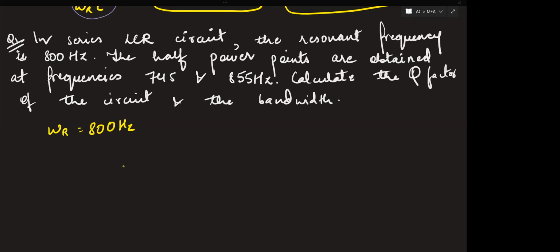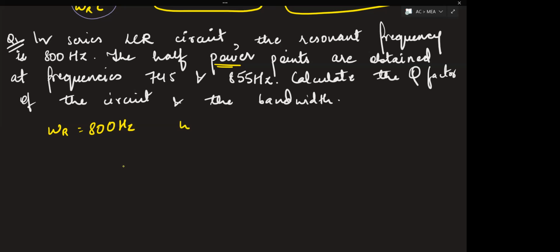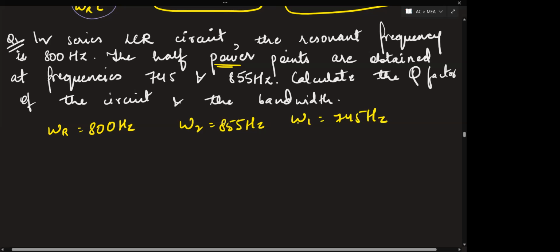The half power points, we have not done power, that's why we are not able to understand this. Once we do power, this will be clear why we refer to these points as half power. This is simply frequency 2 is 855 hertz and frequency 1 is 745 hertz. Q factor is asked and bandwidth is asked.